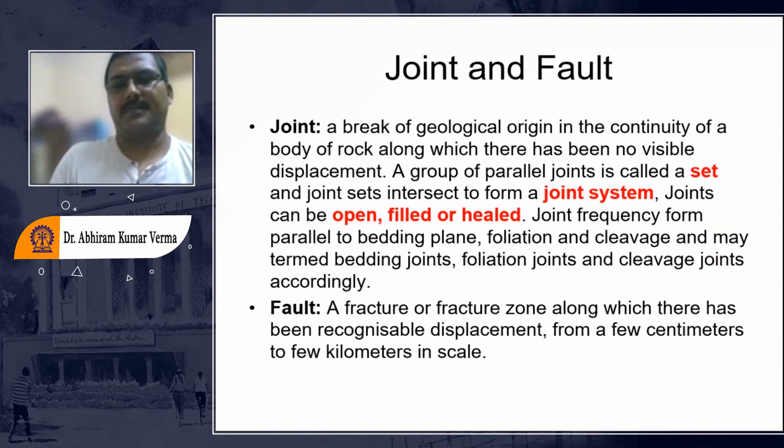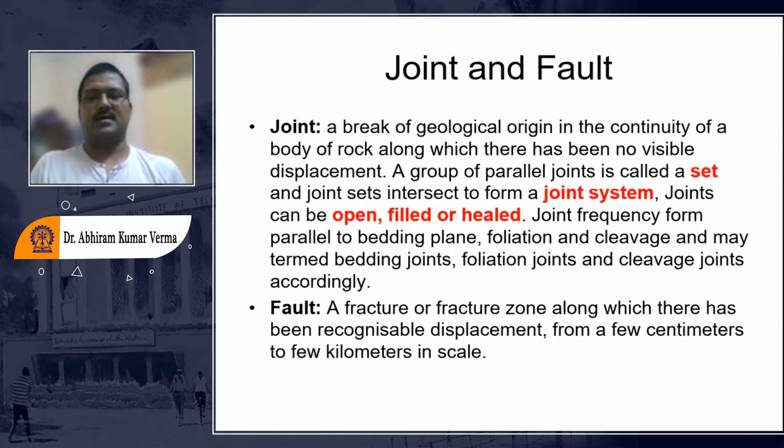Now I can skip this slide because we have already defined the joint. A joint is simply a break of geological origin in the continuity of a body of rock along which there has been no visible displacement.